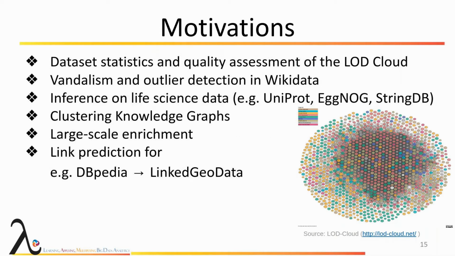More generally, there are also other use cases that we wanted to be able to offer and to compute, such as being able to extract statistics, to quantify the quality of a graph, to check if it hasn't been vandalized or changed.